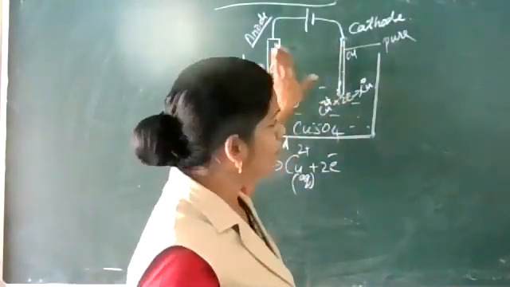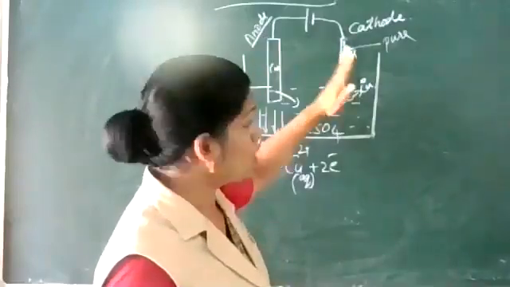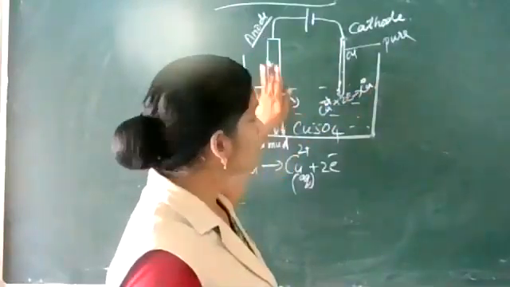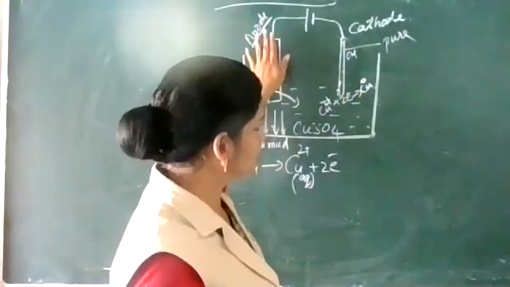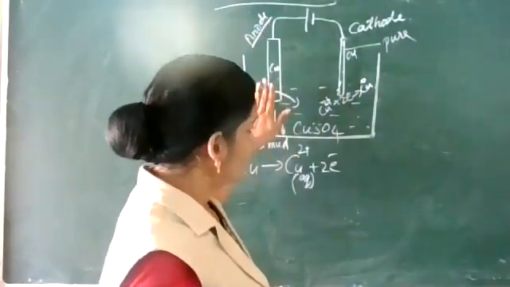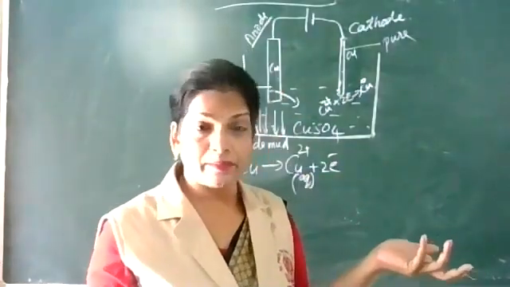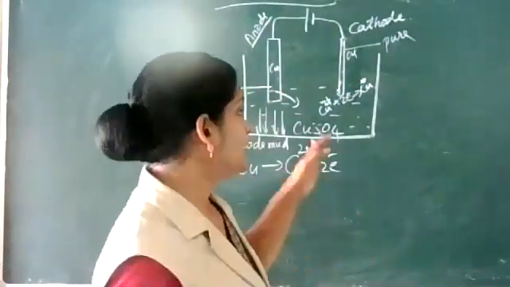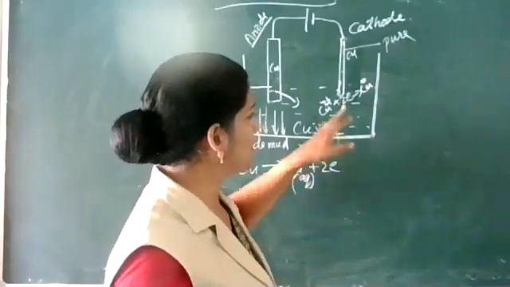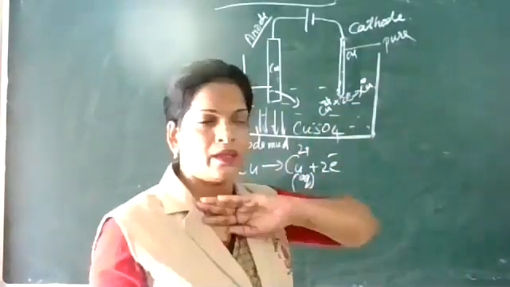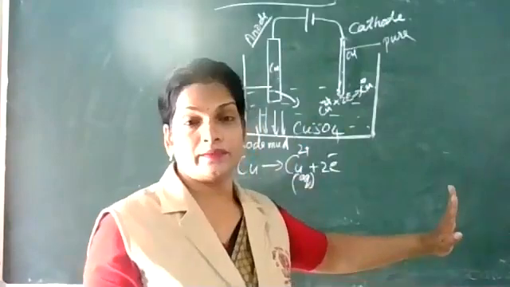The copper can be plated with gold. We have to take the gold electrode here. So this is the method used for electroplating. During electroplating, this metal rod will be evenly coated.